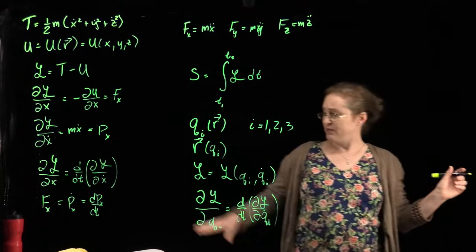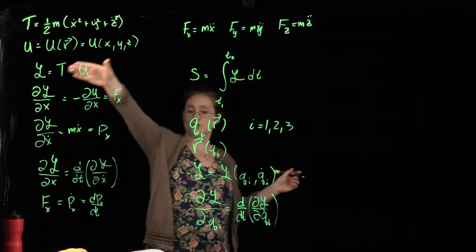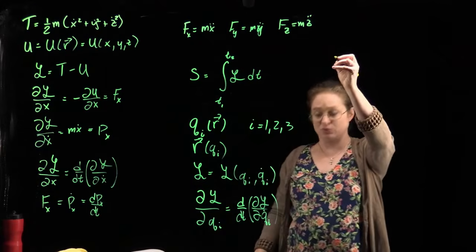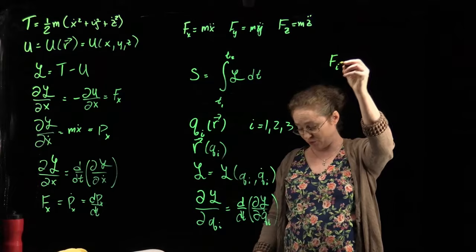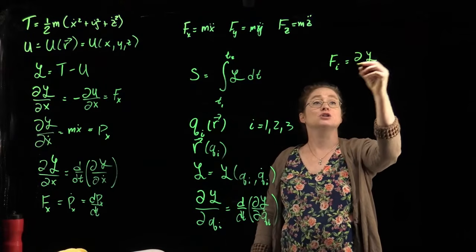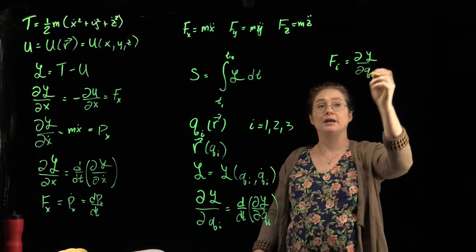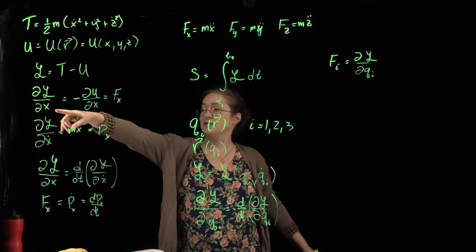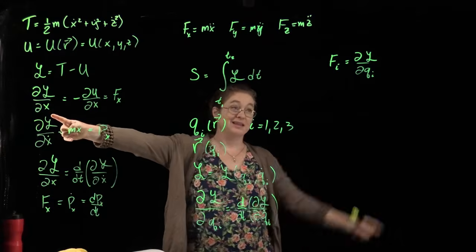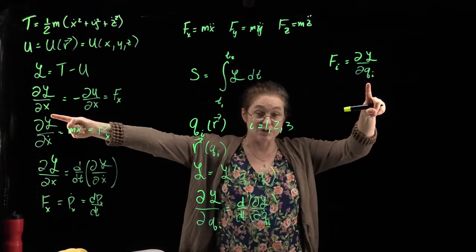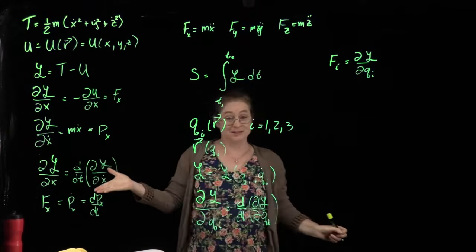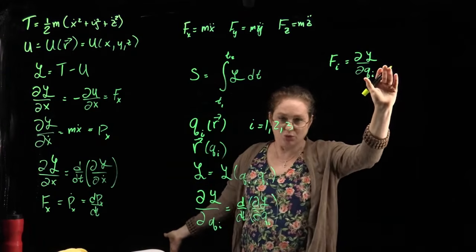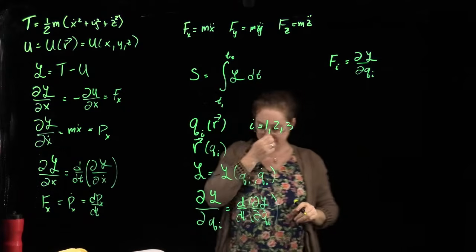So here we talked about the force and the momentum. For Cartesian coordinates, we are going to define the generalized force as partial L, partial q_i. So when the generalized coordinates have a dimension of length, this will have units of force, but for instance, if you have an angle, this has units of torque instead.